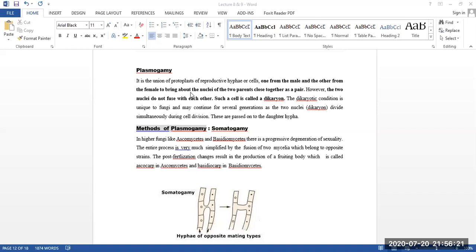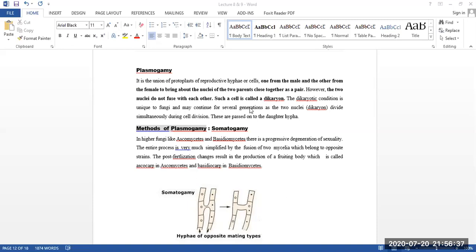There are some methods of plasmogamy, and each cell whose nuclei do not fuse is called a dikaryon.